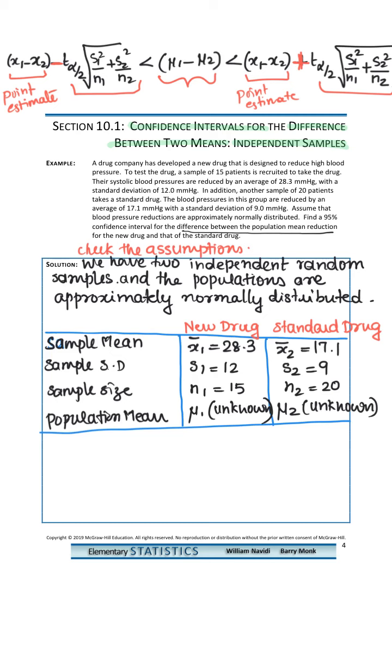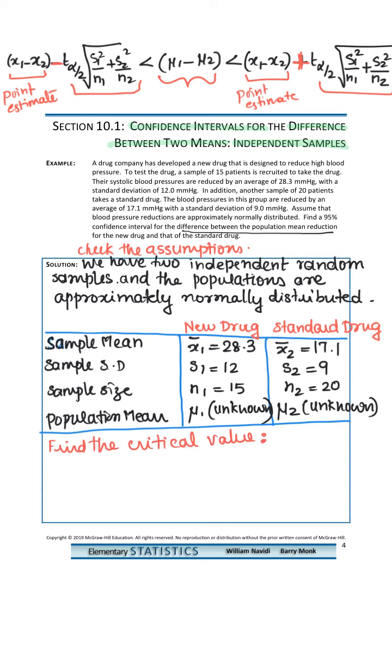While looking at the formula, we can see that we know x1, x2, s1, s2, those are here, and n1, n2, those are there. So the only thing we don't know is t alpha over 2. So first find that, that is, find the critical value.